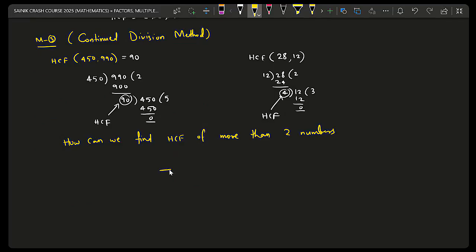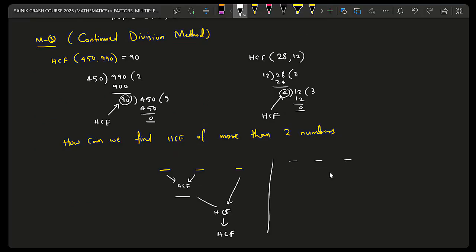So let's say 1, 2, 3. We have three numbers and we want to find the HCF. What you do is first find the HCF of these two. You'll get one answer. With this answer and the third number, you again find the HCF, and the final answer will be the HCF of all three. Not only the first two, you can take the last two also, no problem.